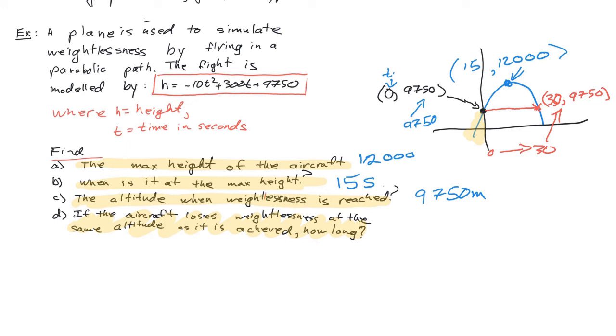The aircraft has weightlessness for approximately 30 minus 0, which equals 30 seconds. You notice how I always had to subtract, take my left side, subtract from my right? That will be used later on when you have length calculations to do.